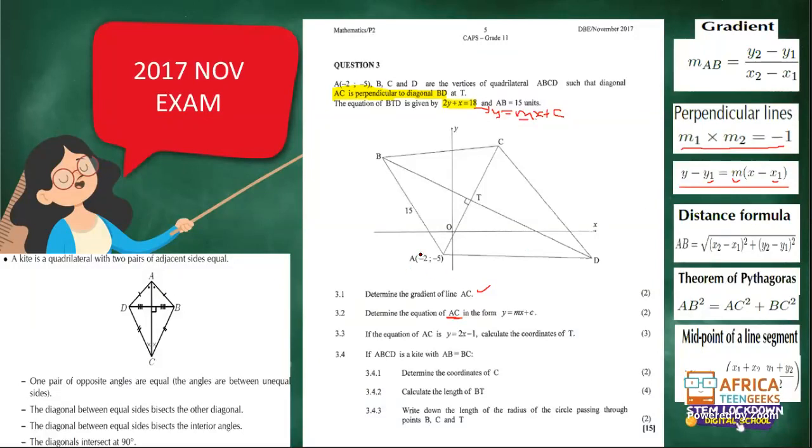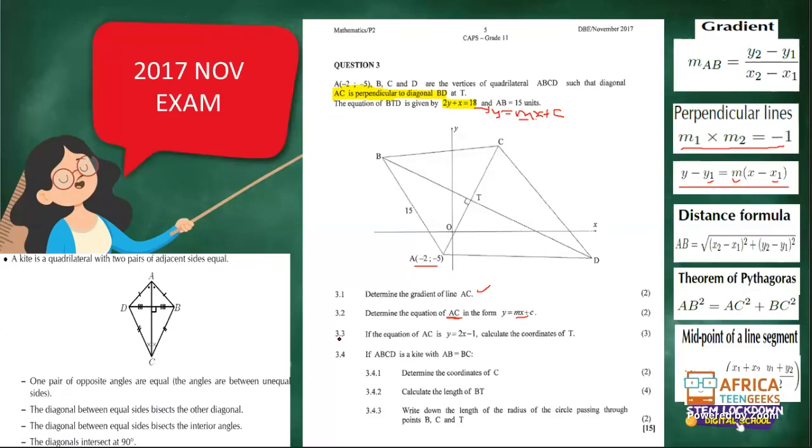So we have a point, which is A. We have a gradient that we calculated from 3.1, and then we can get our equation if we solve for y in this equation.